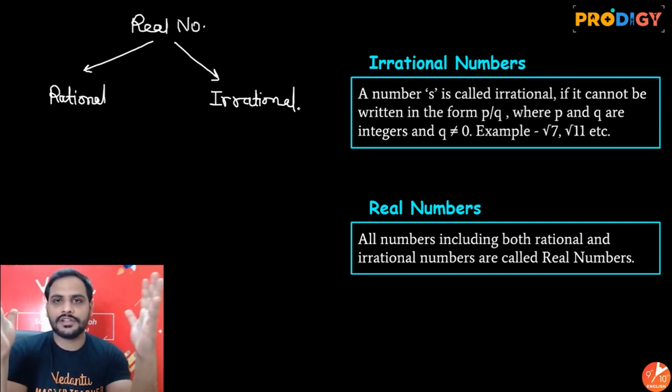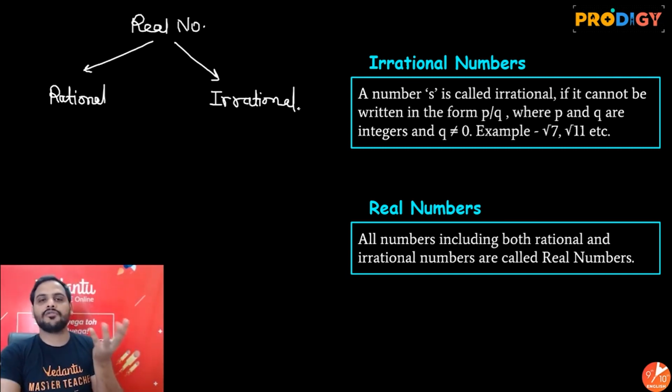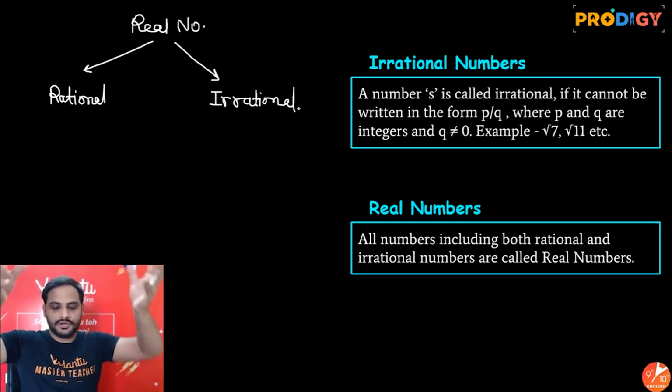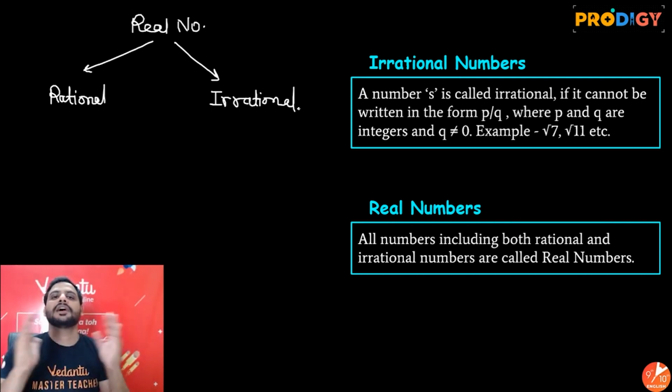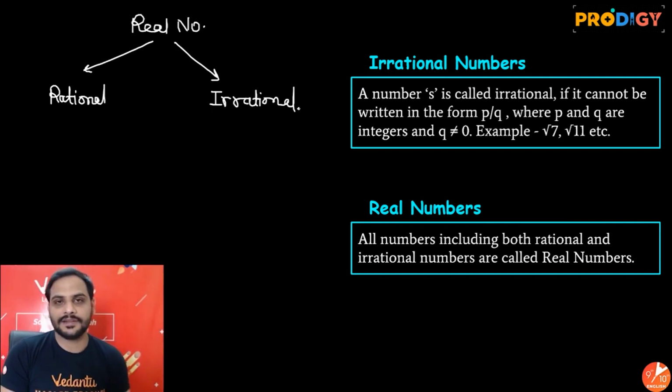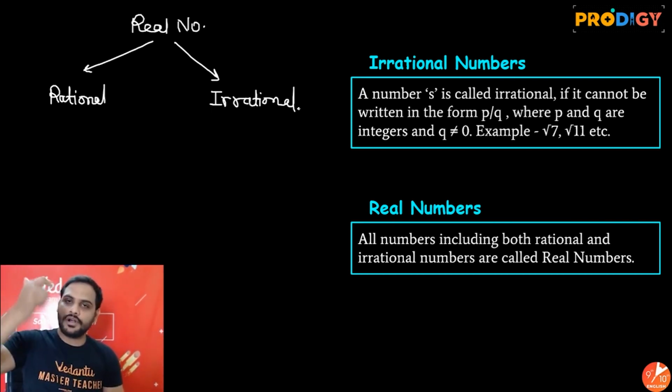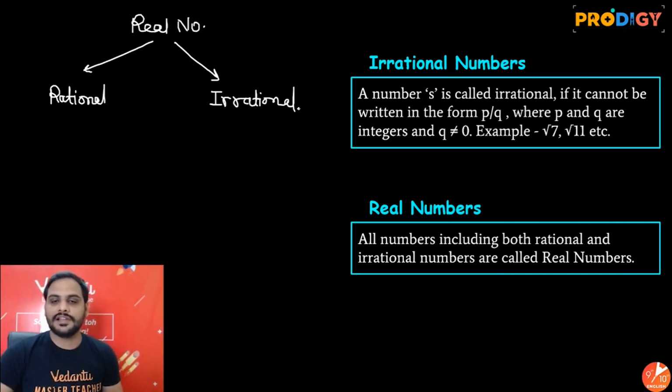You join these two, you get your real numbers. Combining both, suppose in one hand you have all the rational numbers, in the other hand you have all the irrational numbers, you put all of this in one bucket, and that bucket will be the bucket of real numbers. So real numbers include all the rational as well as irrational numbers.